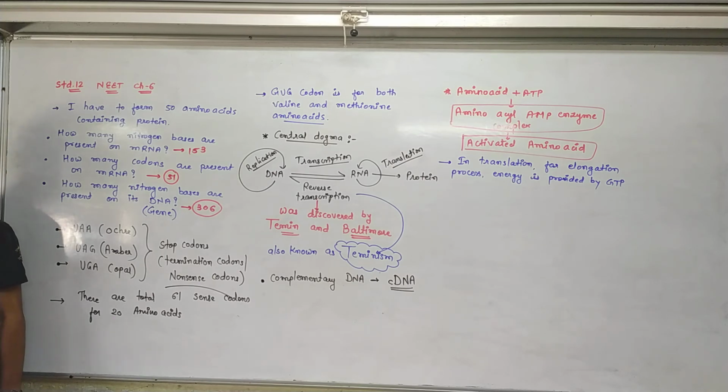Then a highly coiled cisterna is there, and in the highly coiled cisterna, after entering through the cis end, modification occurs in the protein, and the modified protein comes outside from the trans end.